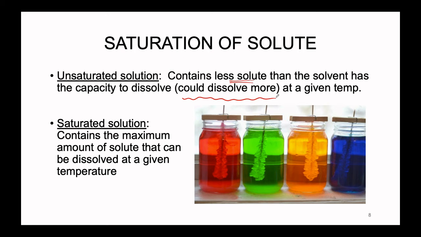What does unsaturation versus saturation mean? Well, unsaturated means that you're not saturated yet. Again, you could always fit more solute inside of the solution. There is still space between solvent molecules where more stuff could fit. And you can fit stuff in solution up until you hit the saturation limit.